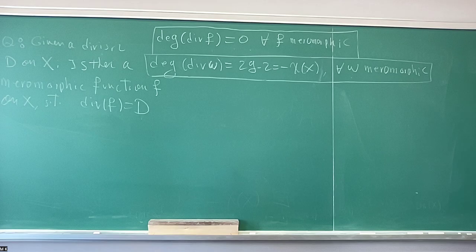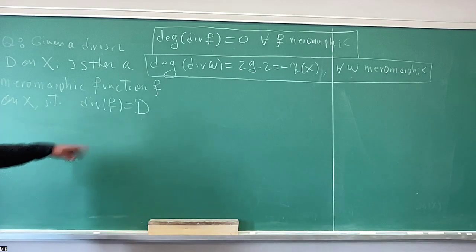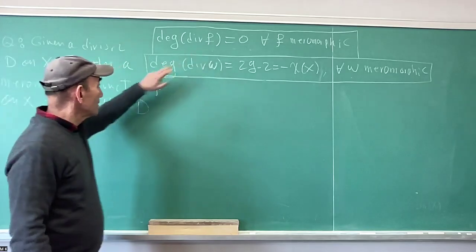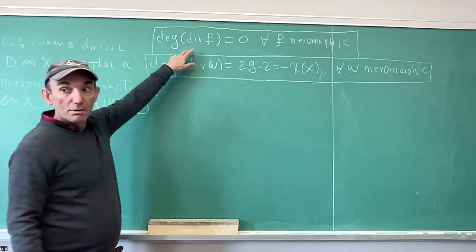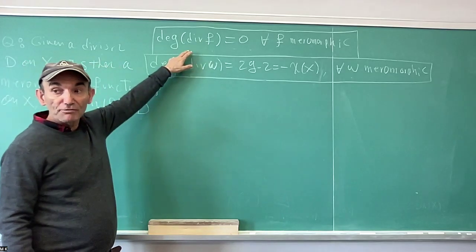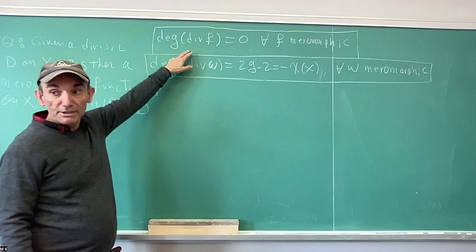Why? The answer is on the board. Because the degree of the divisor of f is 0. So if the degree of the divisor is not 0, then there is no such function.